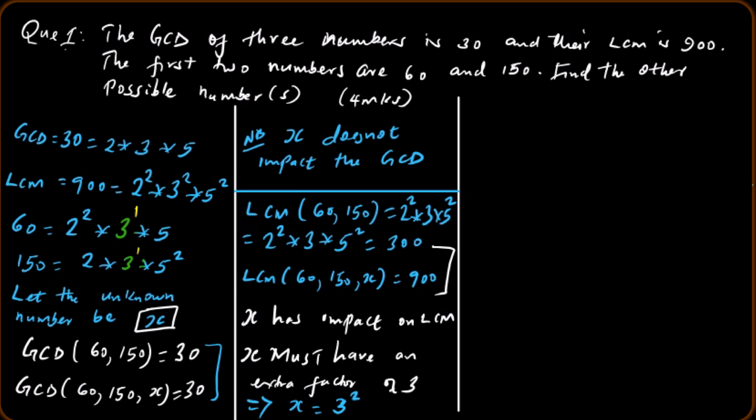Now from the GCD of 30, x must be in factors of 2 times 3 times 5. It's a must. So let me note it here.